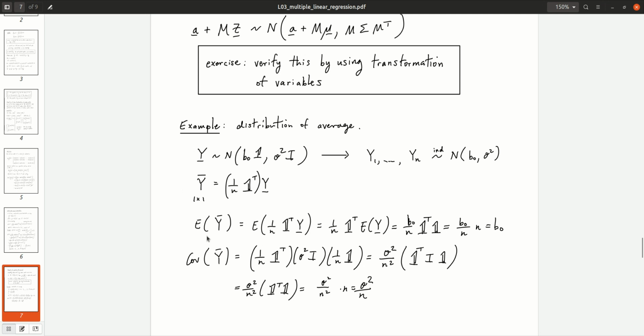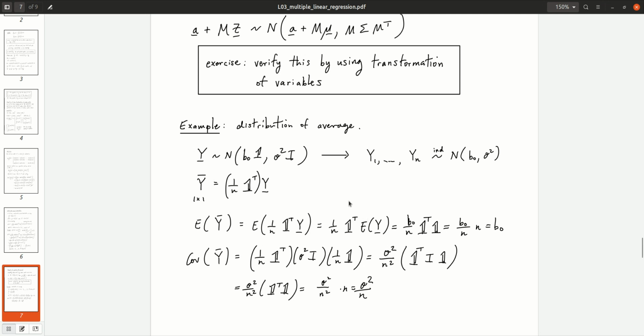Okay, so let's do the expected value first. So this is E of 1 over n 1 transpose y. We know that this is 1 over n 1 transpose expected value of y. And so if we plug in the expected value of y, which is b0 times the 1 vector, we get 1 over n 1 transpose b0 times the 1 vector.